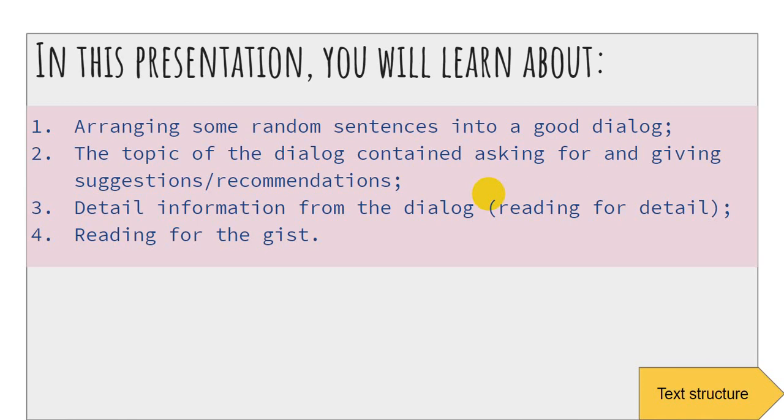The third one is how to find detailed information from the dialogue. It means you will learn about reading for detail. While the last one is reading for the gist.